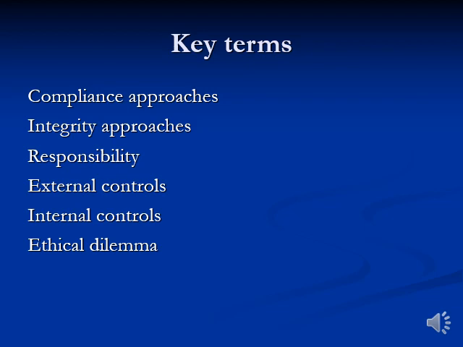Okay, now we move on to the ethical dilemma. An ethical dilemma is a situation of conflicting responsibilities or contradictory responsibilities, in which an employee has to make a difficult choice between two sets of moral expectations or values.